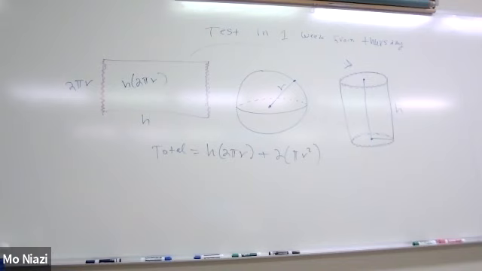Yeah, this is for the lateral surface area of the cone. Add the base area of the surface. Okay, so the radius, yeah. 2 pi R squared.